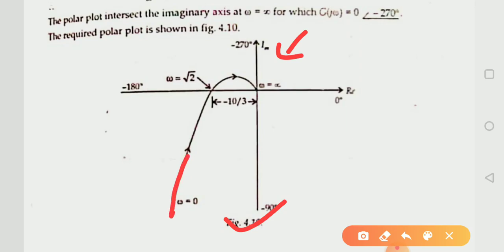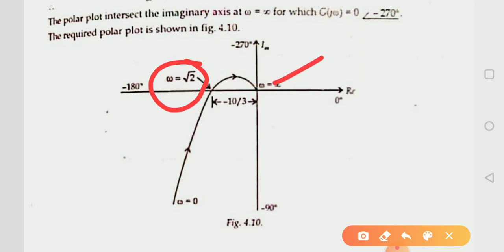So we are making it like this because we don't know what the magnitude is for this. And as omega tends to infinity, at the angle of minus 270 degree it becomes 0. So we are making the graph like this. Okay, so the frequency at which it cuts the real axis is omega equal to root 2, and the frequency at which it cuts the imaginary axis is infinity.